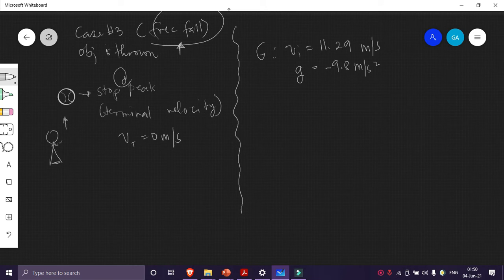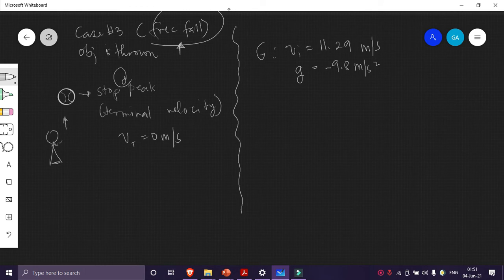And we all know na kapag vertical ang galaw ng object, the only acceleration that takes place in that object is the acceleration due to gravity. And for Earth, that is a constant negative 9.8 meters per square second. Negative because the direction of the gravitational pull is downwards.